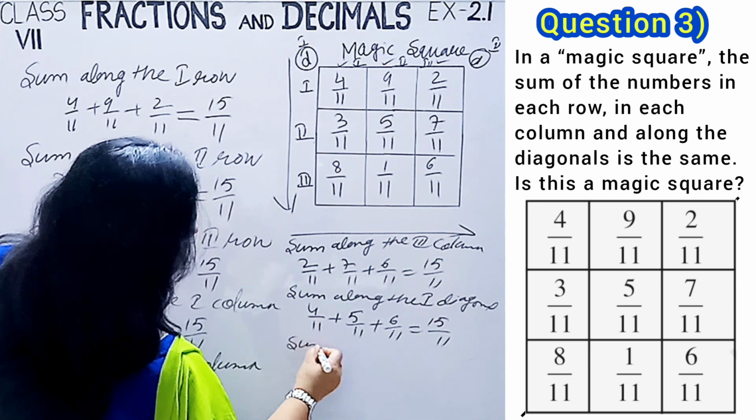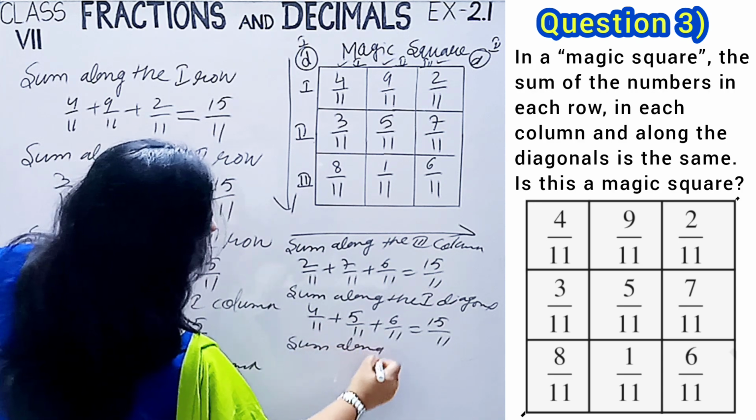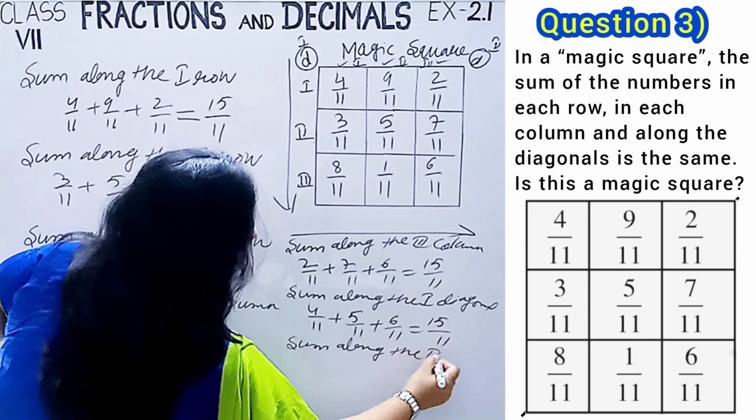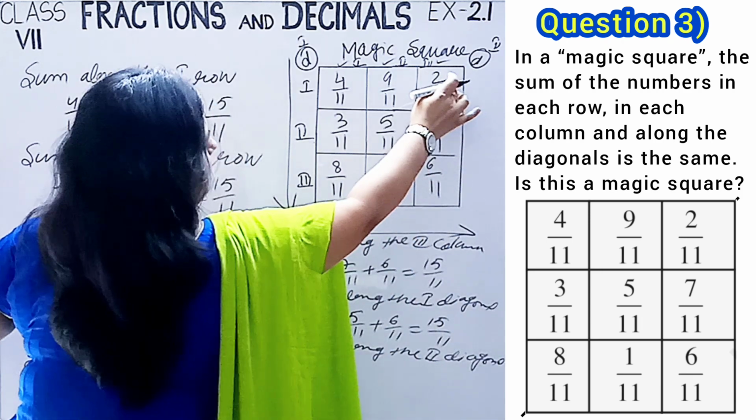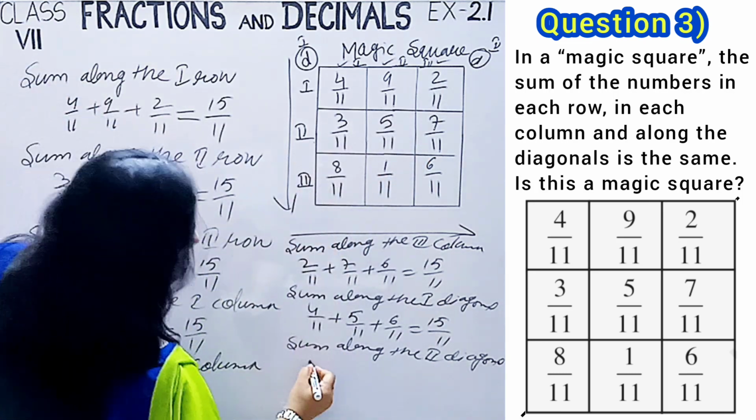Last one is sum along this second diagonal: 2 by 11, 5 by 11, 8 by 11.